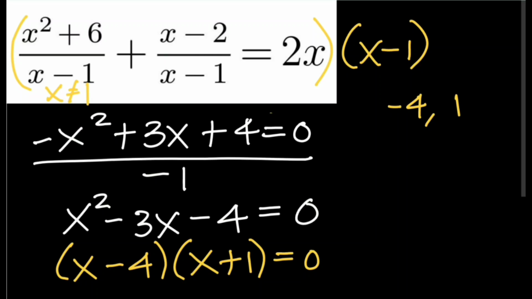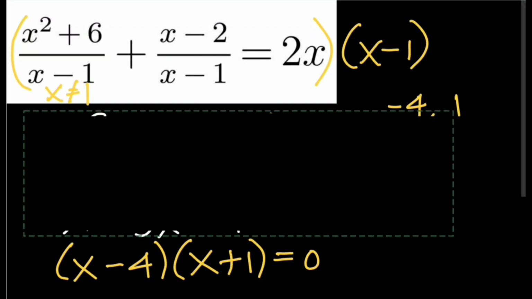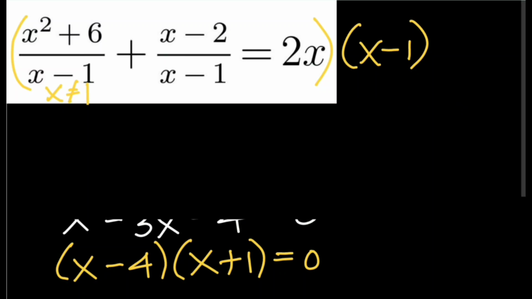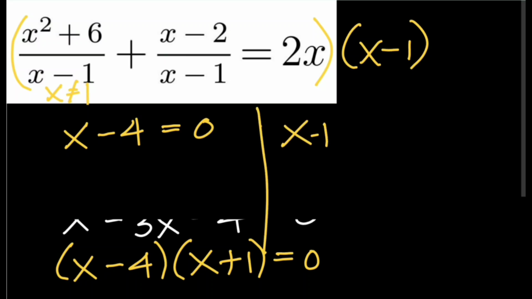You can always check by using the FOIL method by multiplying the two binomials. So now we can solve for the values of x by equating each of the factors to 0. The other one is x plus 1 equals 0.